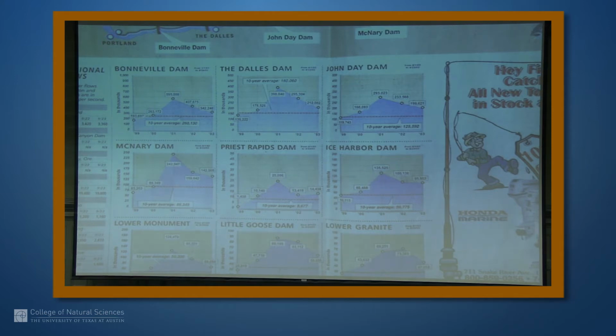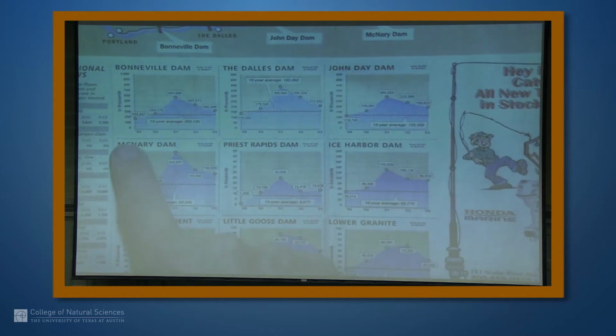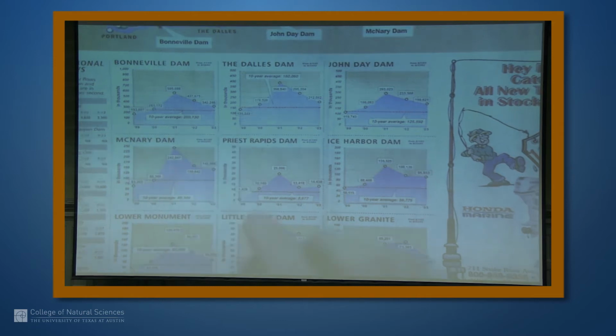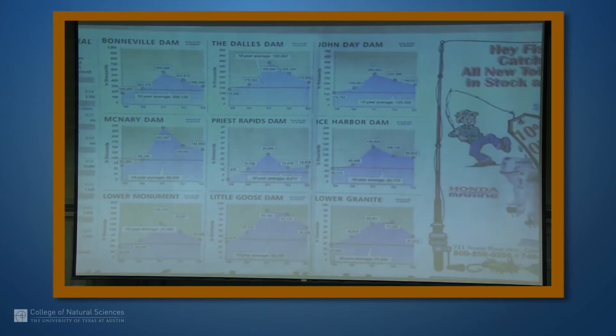So one of the things the fisheries people do is they count fish returning across the dams, right? And they've built fish ladders and things like that. This is a record from 99, so I guess it's spanning 4 years, at 9 different dams.